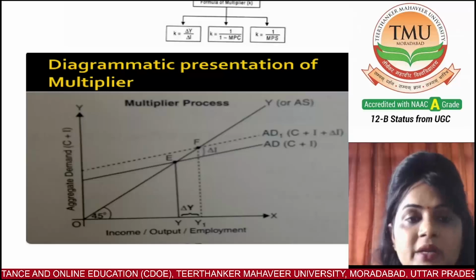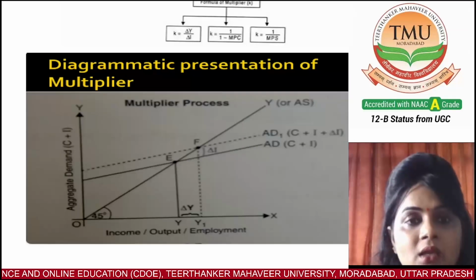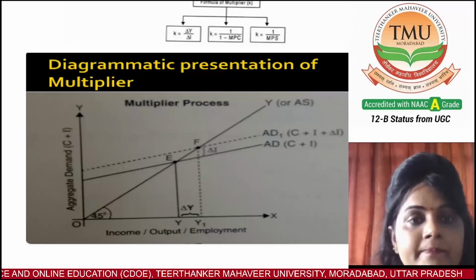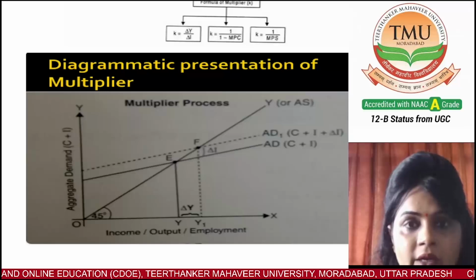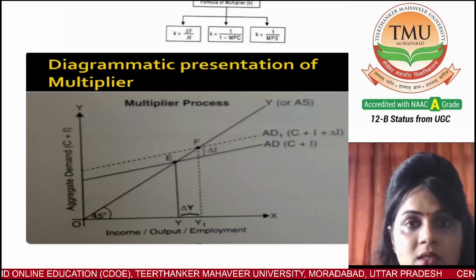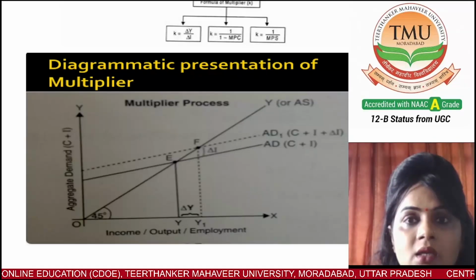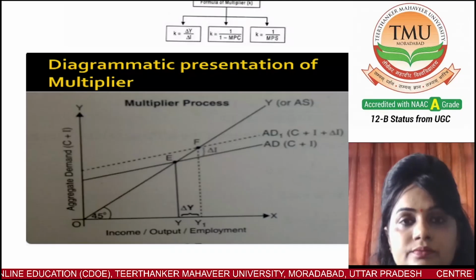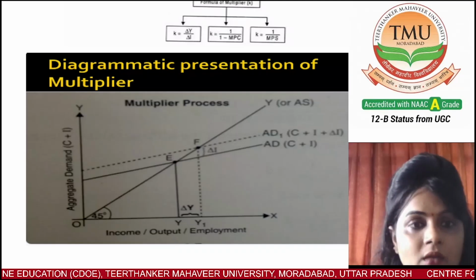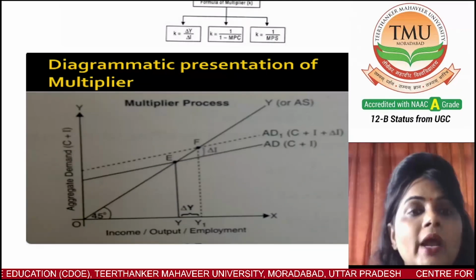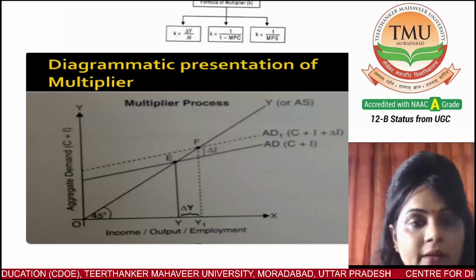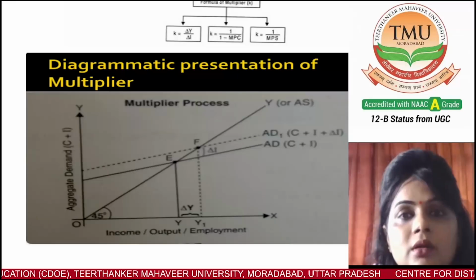Assume that the investment rises by delta I, causing a new aggregate demand curve.